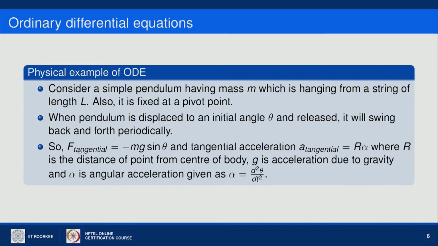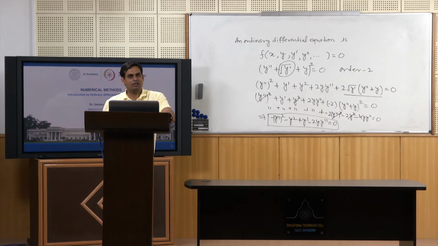So, here the tangential force is negative of m into g into sin theta, where g is the acceleration due to gravity, and tangential acceleration is given by r into alpha, where alpha is the second order derivative of the angle with respect to time, that is d2 theta over dt square, and r is the length of the string.